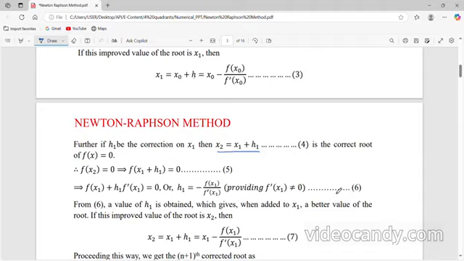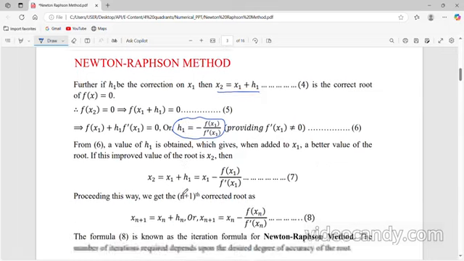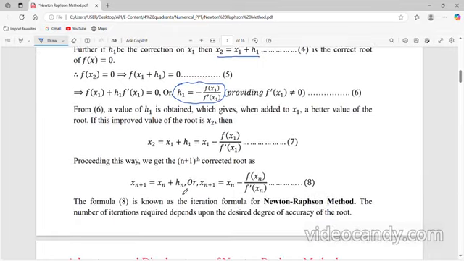This is equation 6. From equation 6, a value of h1 is obtained, which gives, when added to x1, a better value of the root. If this improved value of the root is x2, then x2 = x1 + h1, that means x2 = x1 - f(x1)/f'(x1). Proceeding in this way, we get the (n+1)th corrected root as x_(n+1) = xn + hn.